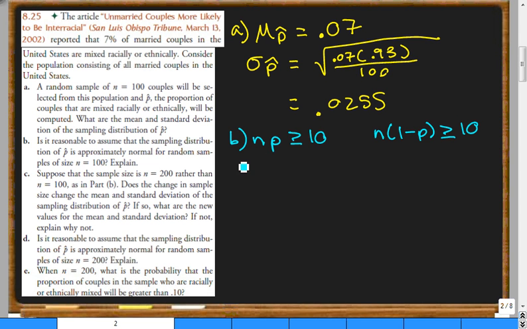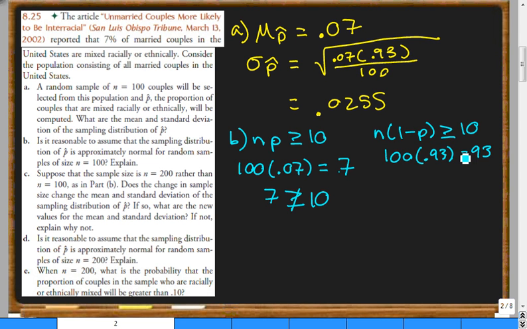Well, n is 100, p is 0.07, and that equals 7. 7 is not greater than 10, so we can already say that this is not going to work. Now if you did the other way, 100 times 0.93, that equals 93. That's bigger, but we need both. So no, not reasonable.